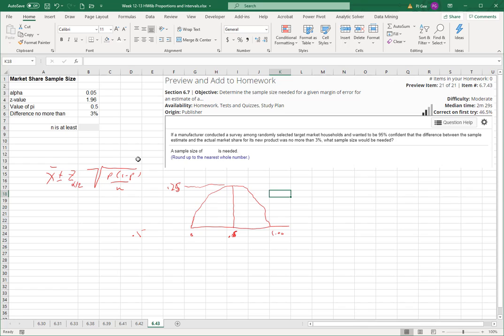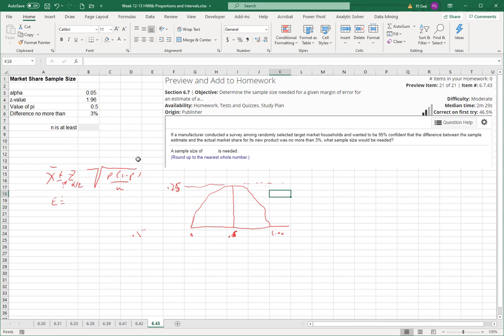I say worst case because this is the largest that p times 1 minus p ever gets. That's going to maximize everything under the square root, which maximizes whatever the error is. So the error is equal to this part up here: x plus or minus the error. This is the problem that's listed in one line in the book.